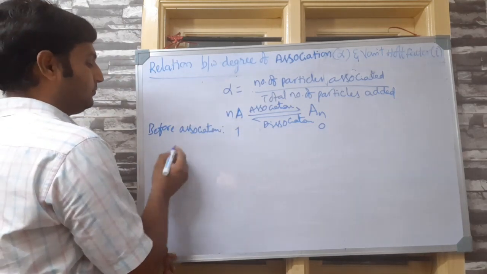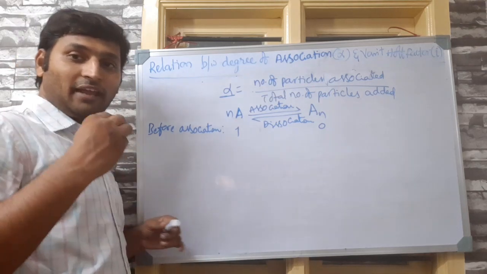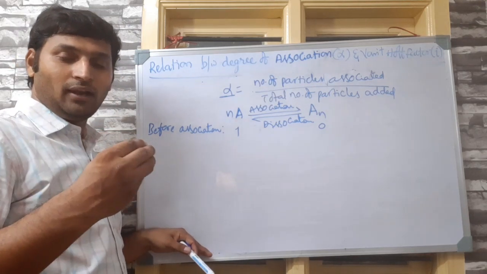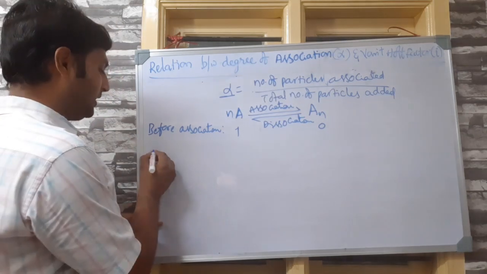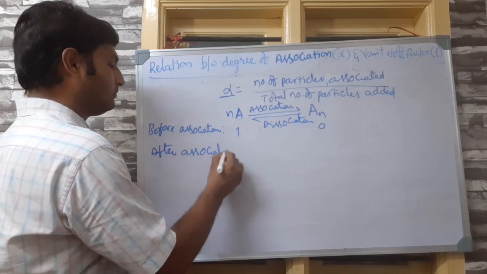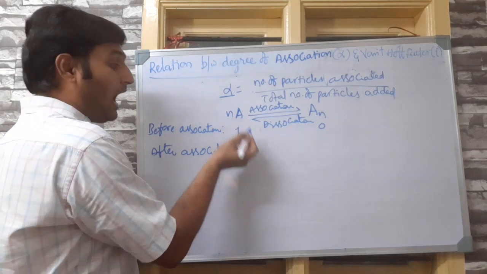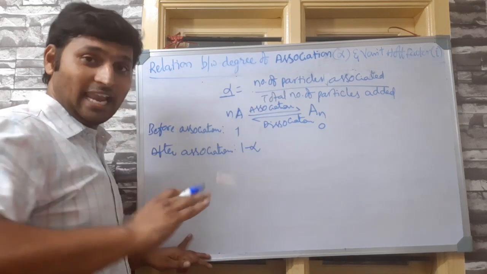Then let the degree of association be alpha. That means for every 1 mole, alpha moles will be undergoing association. After association, alpha are undergoing association. I started with 1, so 1 minus alpha is left unassociated.